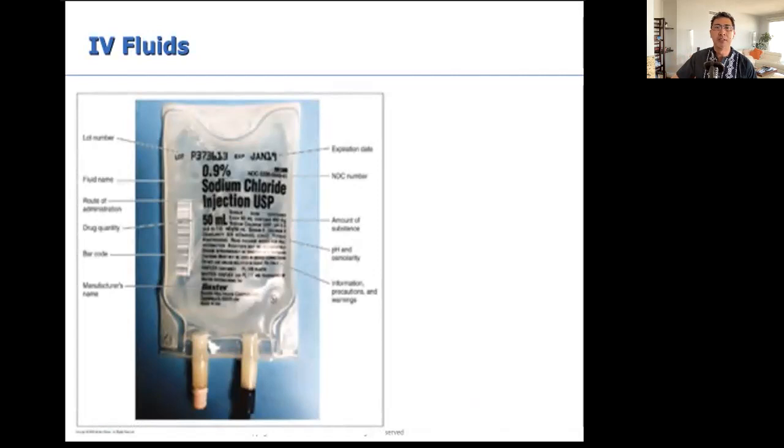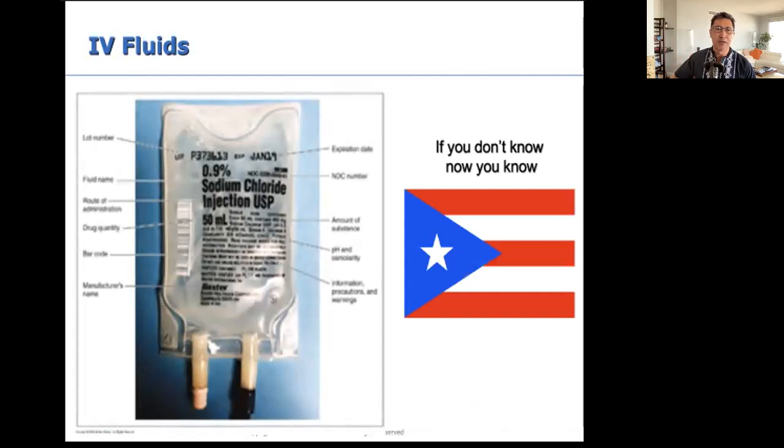These are considered medications. Oh, I also have an if you don't know, now you know moment. When Hurricane Dorian devastated Puerto Rico in 2019, did you know that most of our IV fluids come from Puerto Rico? We did not know that either. America did not know that. So there was a shortage of IV fluids.